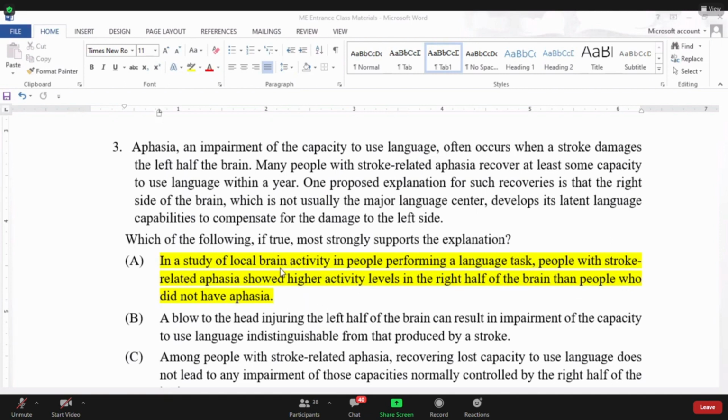So this option also says that those who have a stroke have higher activity levels in the right half of the brain, and the same thing is given in the explanation: the right half of the brain becomes active. Yes, option A.